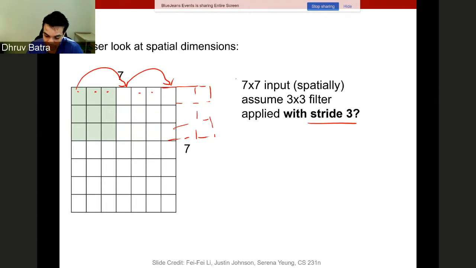So the input dimension constrains what sort of strides we can use if we are choosing valid convolutions. If we want filters to always be placed within the bounds of the image and exactly fit within the bounds of the image, the input dimension constrains the strides we can use.